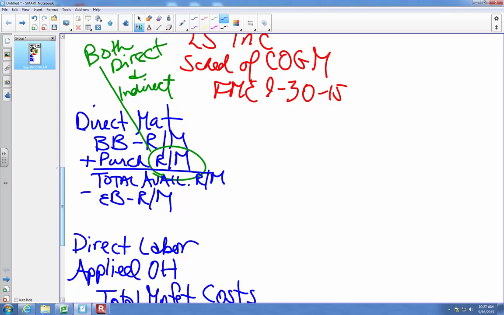And minus, and somebody said this, my indirect materials, all of them? No. What was used during the period? What was requisitioned during the period? Put to manufacturing overhead.